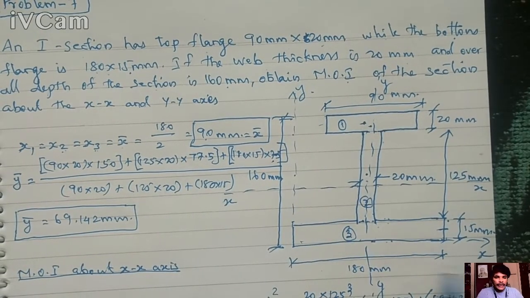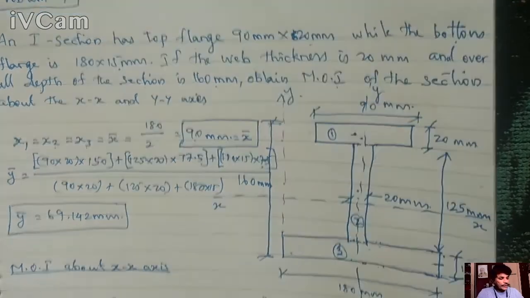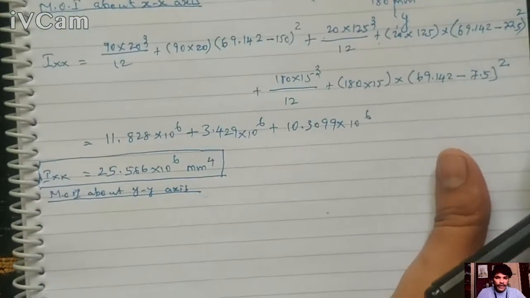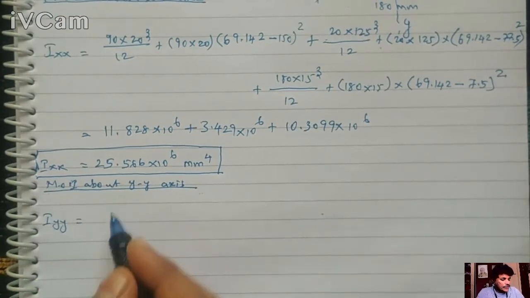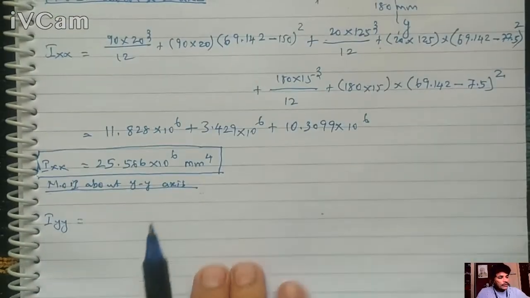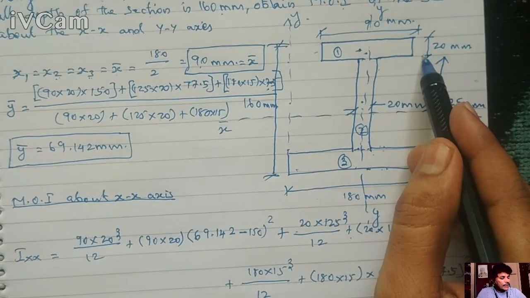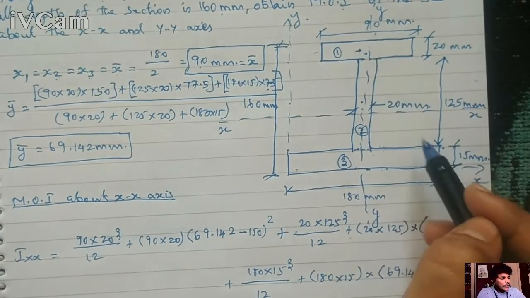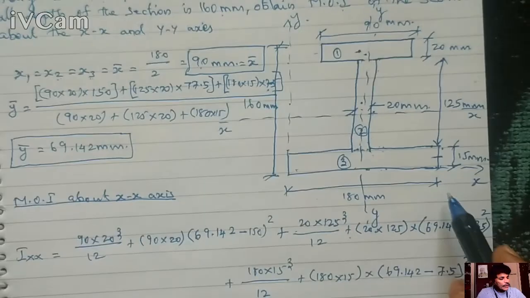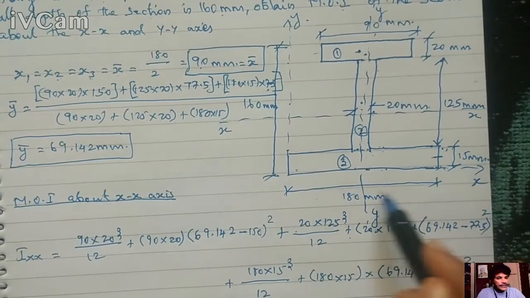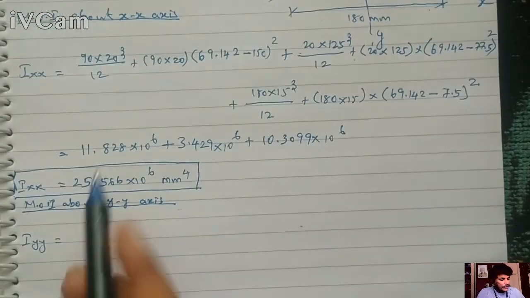So the h1 bar, h2 bar, h3 bar values become 0. Okay. So Iyy is equal to d1 b1 cube... you know d1 is 20 mm, b1 is 90 mm, d2 is 125 mm, b2 is 20 mm, d3 is 15 mm and b3 is 180 mm.